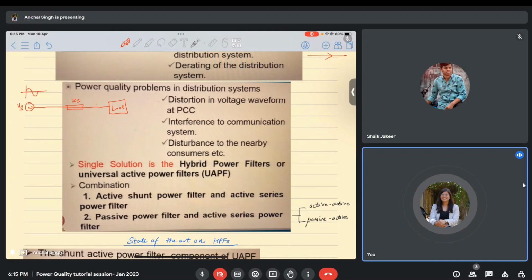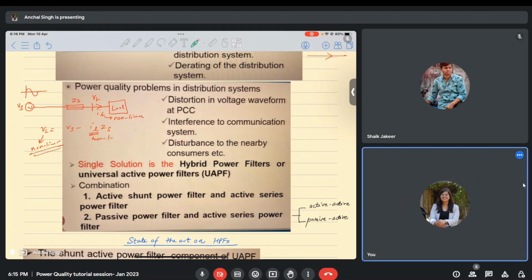If the load current that I'm consuming is non-linear in nature, then VL is equal to Vs minus IL into Zs, right? And this IL is non-linear. Therefore, this VL will also become non-linear in nature. Therefore, we say that distortion in voltage waveform occurs at this point of common coupling. This is the problem here. And because of these high frequency components or high frequency noises, interference occurs in the communication system.